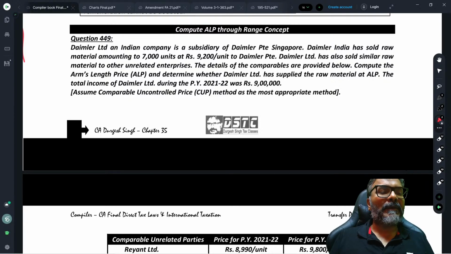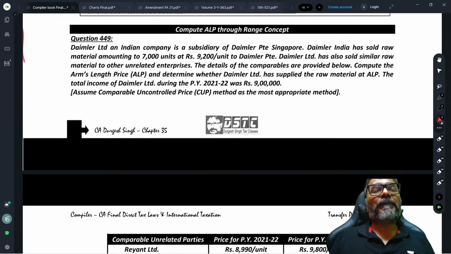So there are comparable transactions. Whatever comparable information, students, is given, or comparable transactions. What do you mean by comparable transaction? The comparable uncontrolled transactions. So therefore you will apply your most appropriate method to those comparable uncontrolled transactions which are with you, and on that basis you will determine the ALP.